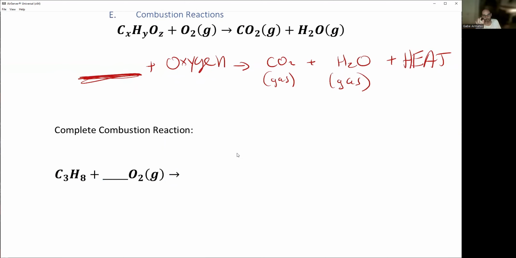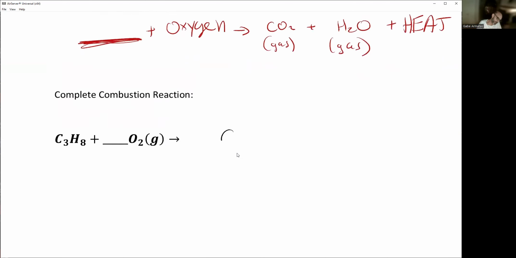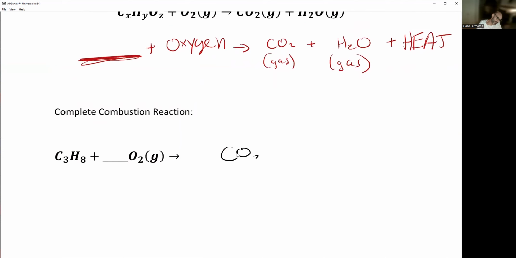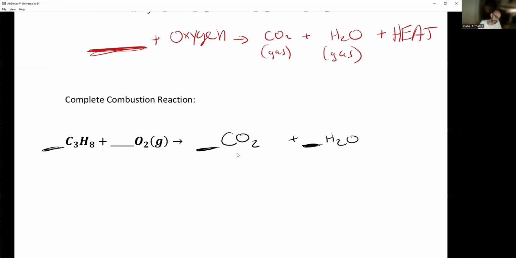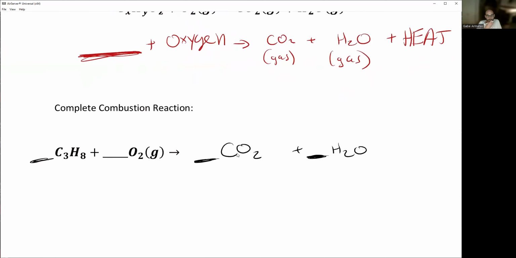And this is the only one you need to know, by the way. A proper combustion reaction is going to produce, just like above, CO2 plus water. We have to figure out how much of each of these is going to be done. So please balance this equation.